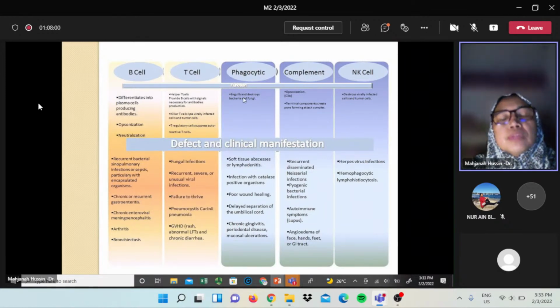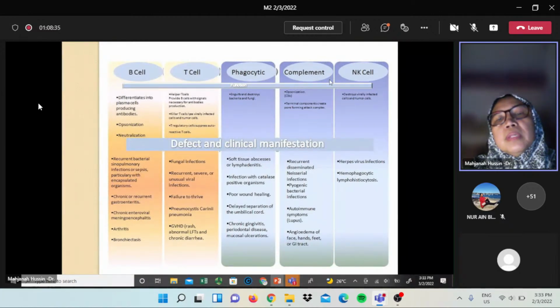So if you don't have phagocytes, or the amount is little, what happens will be you have wounds with very poor healing, you have chronic gingivitis, you have a lot of ulcers not recovering or not getting better fast, you have abscess, you have lymphadenitis, the swelling of the lymph nodes. Those are what you get when you have very little phagocyte in your bloodstream.